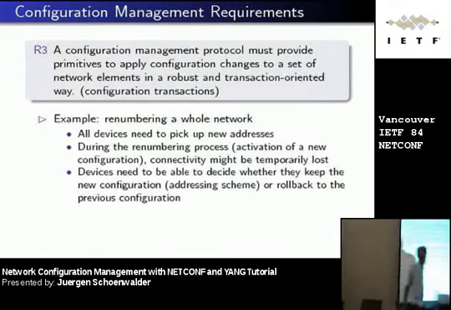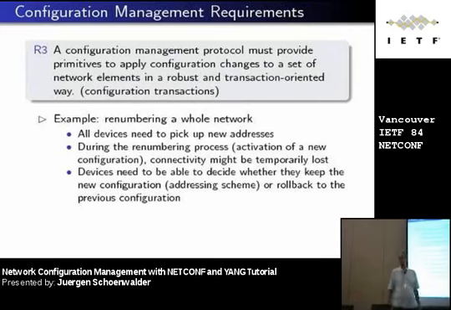Another thing that should be relatively clear for networking people is that sometimes you want to make configuration changes not just for a single box, but for a bunch of boxes. And the configuration needs to be consistent after applying it. So in other words, the configuration needs to apply to all the boxes together or to none of them. A typical example is again renumbering. You want to change the addresses that you use in the network. If you do that one device after the other, you might run into a situation where part of the network isn't reachable anymore, while another part might still be reachable to some extent.